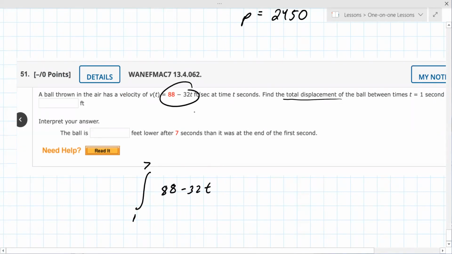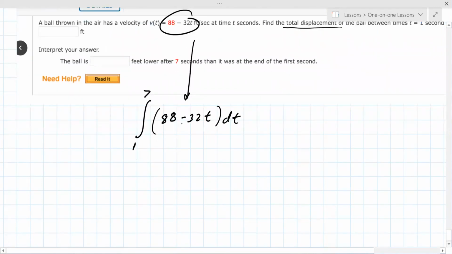So you take this function, put it there, put the limits of integration there, dt. This is just power rule, so it's 88t minus 16t squared. Then you evaluate that from 1 to 7. Taking the derivative of this gets you back to the original one, and that's a check you can do.